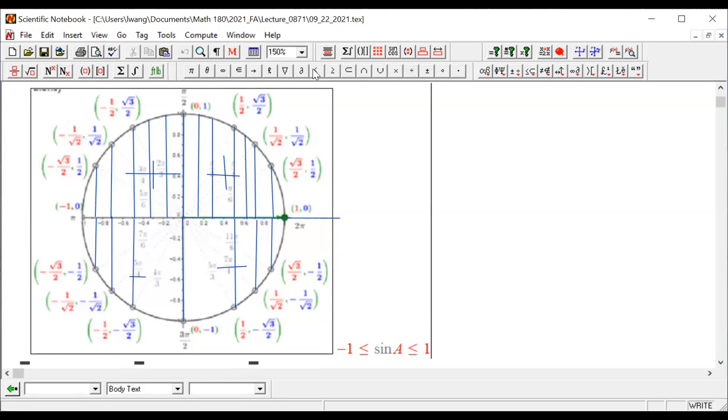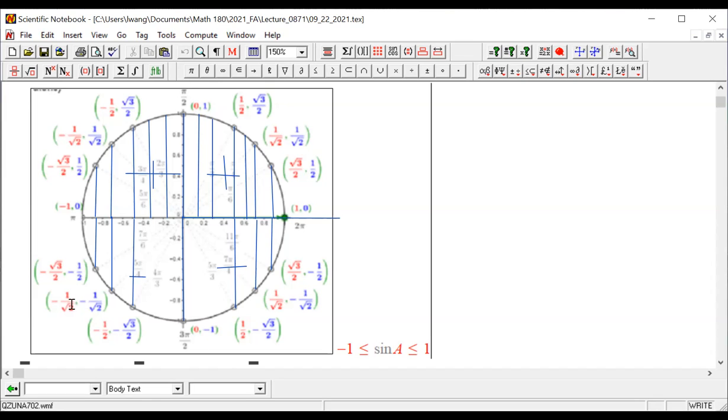So you have the visual, we have the definition. You look at the blue numbers. All those blue numbers are examples of the output for sine.